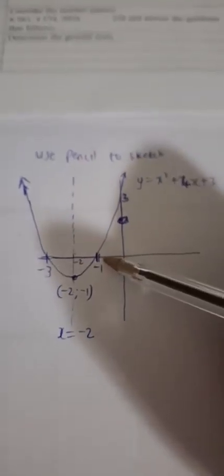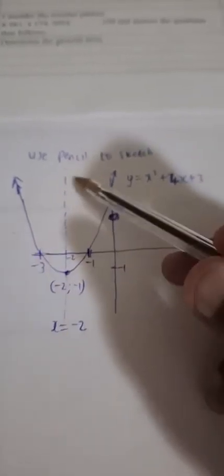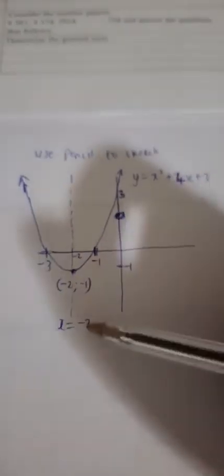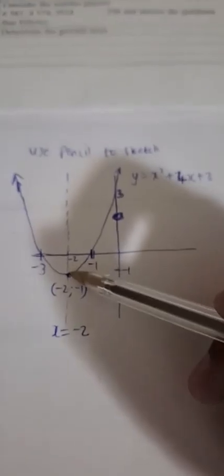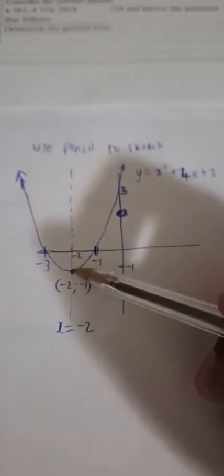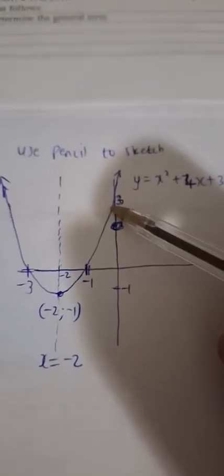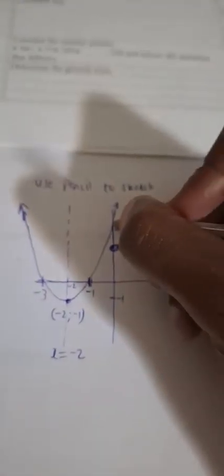Your x-intercept, they want to see that the -3 is there. Your x-intercept, -1. Your axis of symmetry, I would insist that you draw that in and label it, and then you label your turning point, the coordinates of your turning point. And then your y-intercept needs to be very clear. That 3 must be clear there, okay?